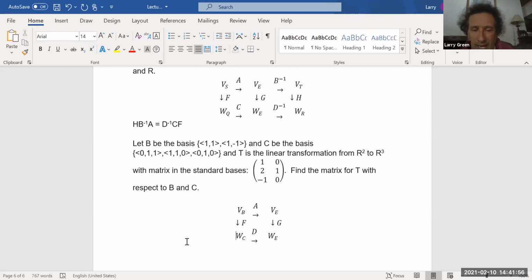Okay. And V, of course, is R2. There we go.